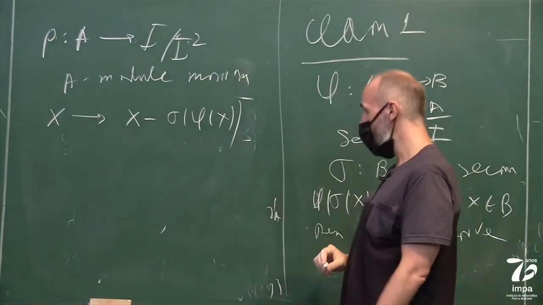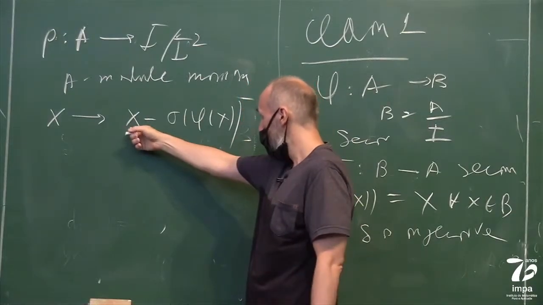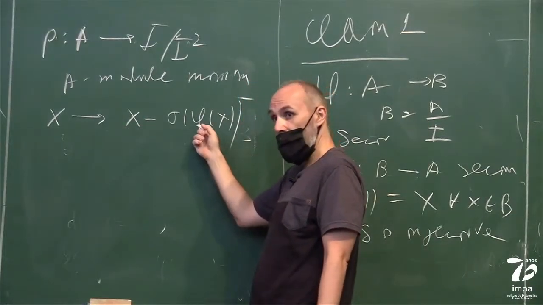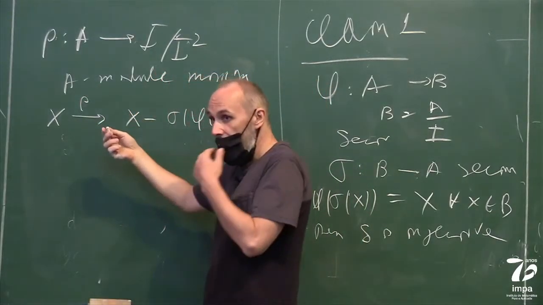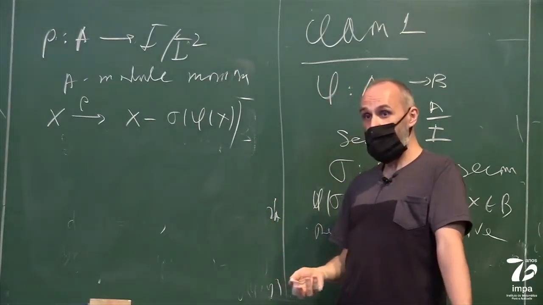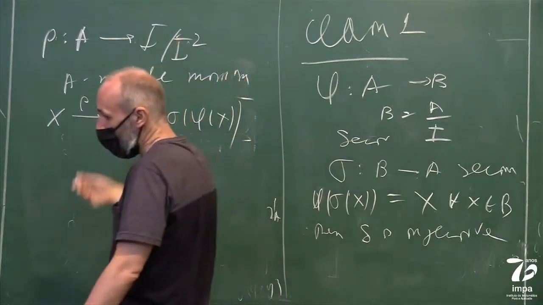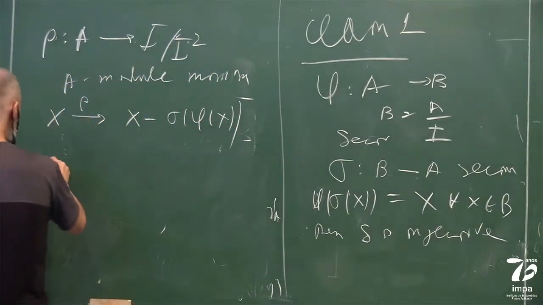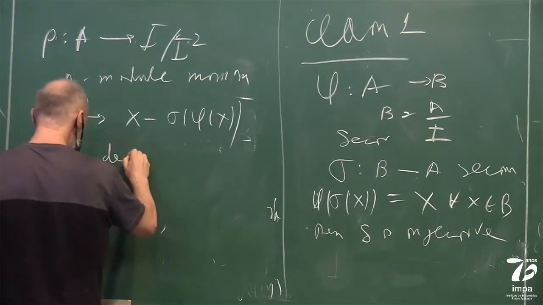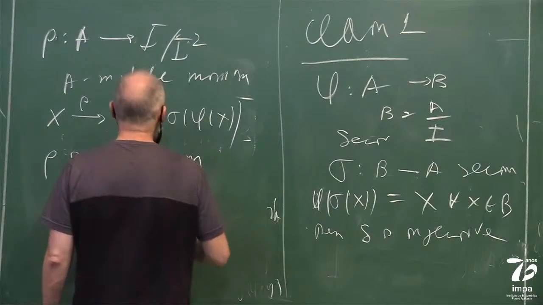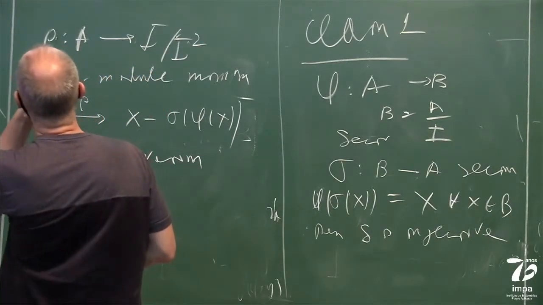So how does it make sense? If you apply φ to this, you obtain the same as φ of x, so ρ indeed maps to the kernel of φ. This is why it goes there. And then I take the quotient by I squared. What is important is that ρ is a derivation. This is really the only non-trivial point in the proof.